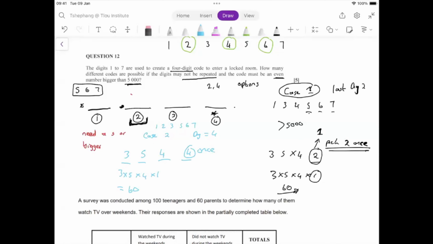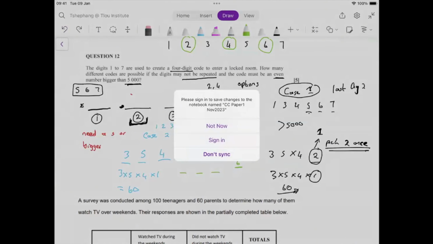Now, the last case is when we have a what? When we have a 6 at the end. We can only pick a 6 once, remember. So here we have not 5 numbers, but 3 numbers to pick from. Sorry about that.